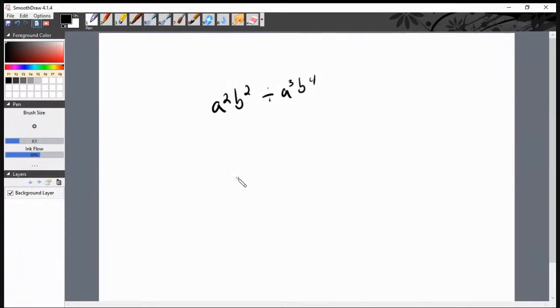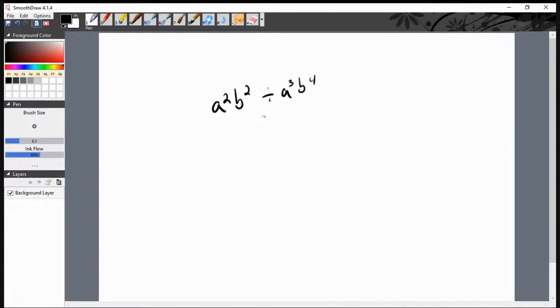So it's the same method as we were using when we're doing multiplication, right? It's multiply the numerical coefficients and then you're going to add the exponents.